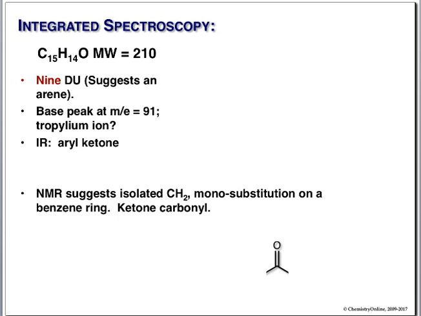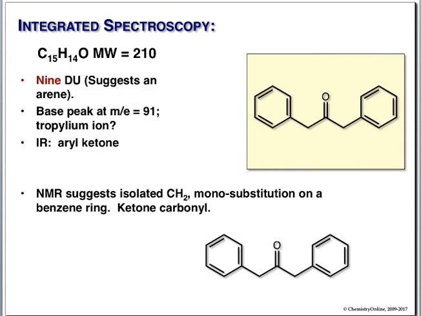We have a benzene ring and a CH2. What else are we missing? We're missing 7 carbons and 7 hydrogens. What does that mean is on the other side here? The same thing. Dibenzyl ketone.